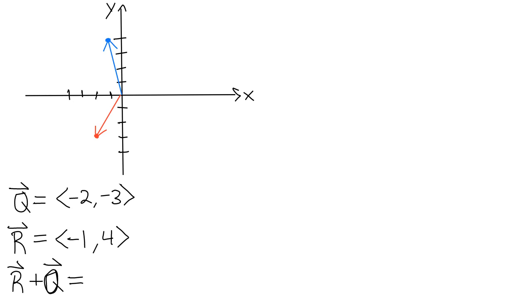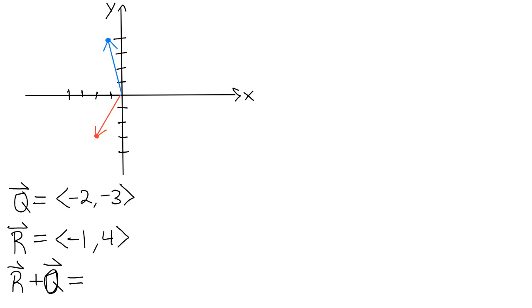No, I'm sorry. Q is the red one. R is the blue one. So we have R, which is blue. If you add Q, what you do basically is you move that thing.